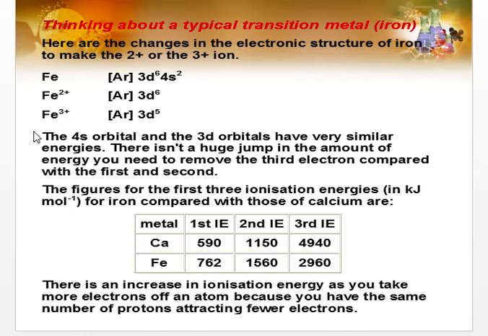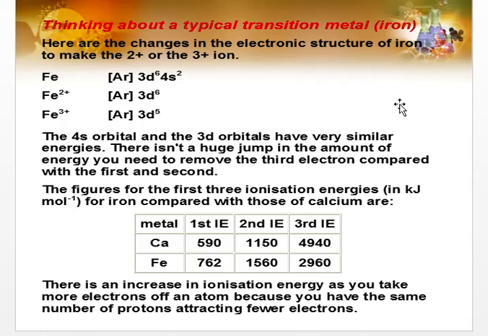The electronic configuration of ferrum 3+ will be 3d5: we remove two electrons from the s orbital and one electron from the d orbital.